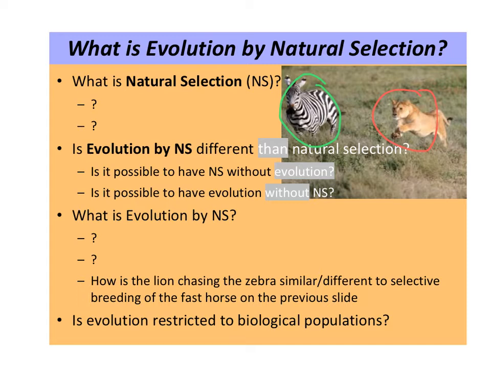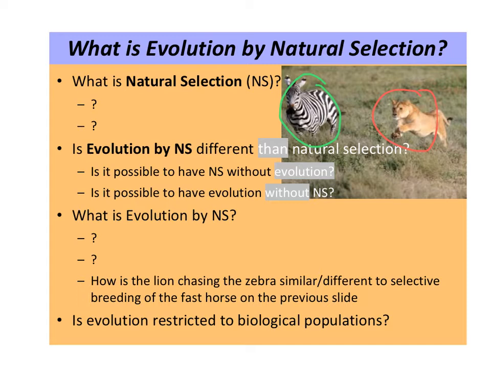Okay. Is it possible to have natural selection without evolution? Yes. You can have natural selection where certain traits survive. But if those traits aren't heritable to be passed on to the next generation, no evolution will happen.